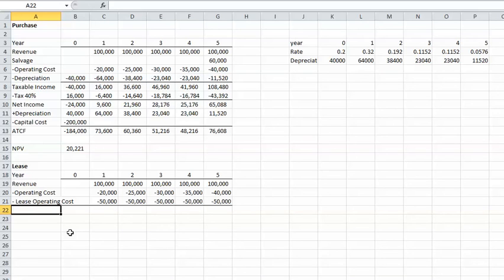Then we calculate the taxable income, which is the summation of this column. Then we calculate the tax, 40% of tax.